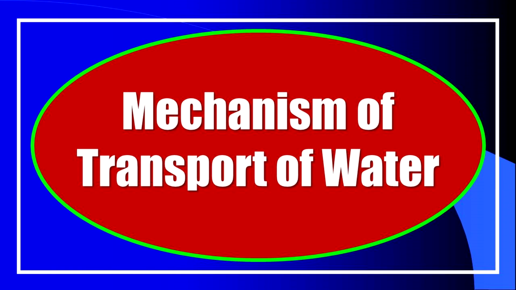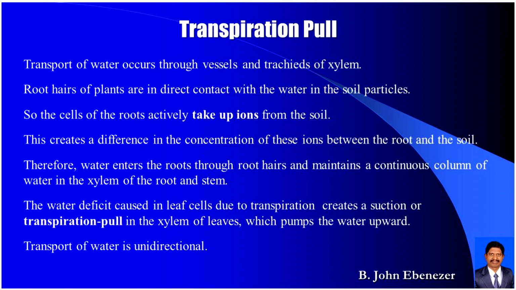Dear students, now let us discuss the mechanism of transport of water. Transpiration pull. Transport of water occurs through vessels and tracheids of xylem. Root hairs of the plants are in direct contact with the water in the soil particles.